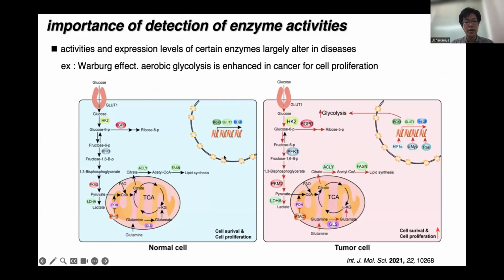So that's why in tumor cells, the proteins related to glycolysis are expressed more than in normal cells. Therefore, the detection of target enzymes is very important for understanding diseases.